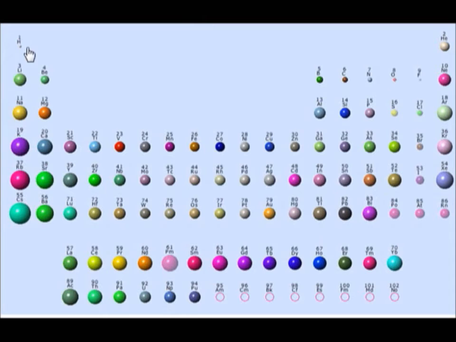As you can see here, from top to bottom, the atomic radii increases, and from left to right, it decreases. It goes from big to small. So top to bottom, small to big; left to right, big to small.